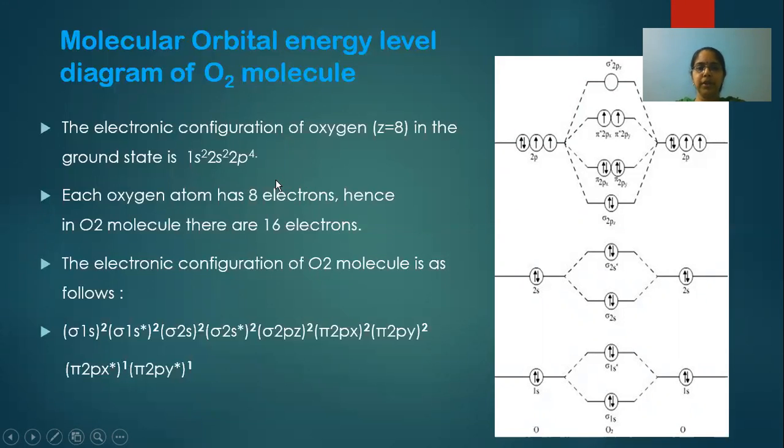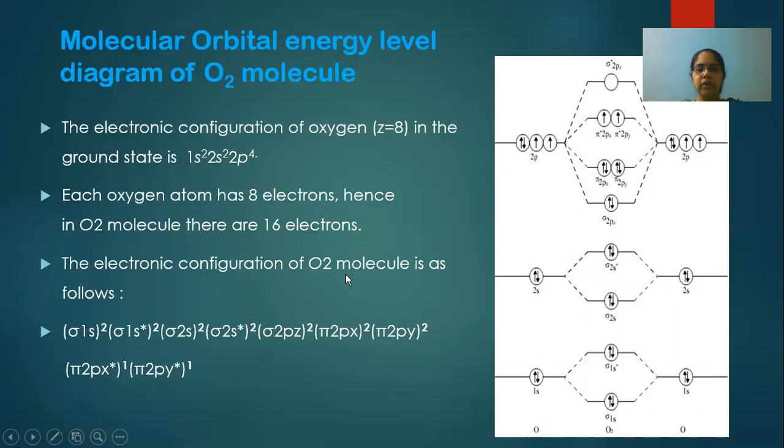Now this oxygen molecule has paired electrons in the p orbital. That means 2p4 is written as 2px2, 2py1 and 2pz1. As two oxygen atoms combine to form an oxygen molecule, 16 electrons are to be filled in the molecular orbitals of oxygen.